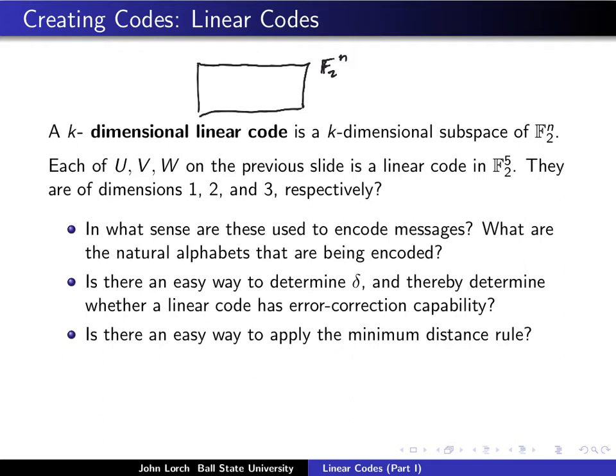And those code words for linear codes are going to be subspaces of F2^n, like this V. Okay. Now, each of the sets U, V, and W on the previous slide is a linear code in F2^5 because each of these are subspaces of F2^5. And they have dimensions 1, 2, and 3 respectively.